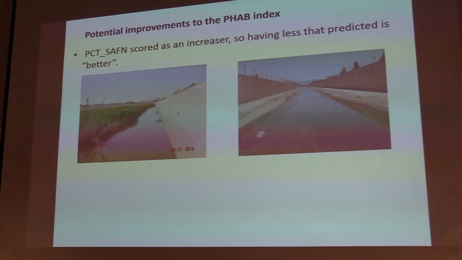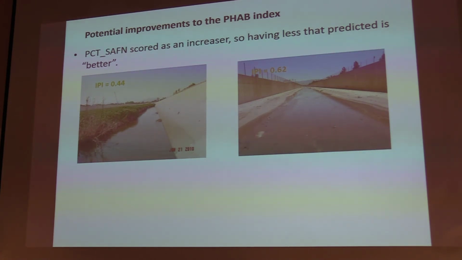So just for example, there were a couple of streams in SoCal, one of which is concrete lined on the banks, but it's got a soft bottom and a lot of aquatic macrophytes. And then the other one was just a straight up concrete channel. The soft bottom channel initially got a score of 0.44, and the concrete channel got a score of 0.62. Now neither of these is a nice site, but that just seemed wrong.